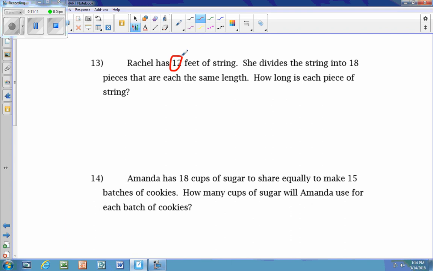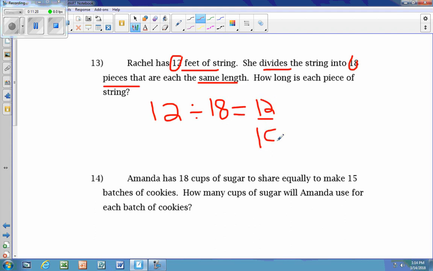Next, Rachel has 12 feet of string. She divides the string into 18 pieces that are the same length. So she has 12 feet of string. She's splitting it into groups of 18. 12 divided by 18. We don't actually have to do the division, but we do have to simplify.